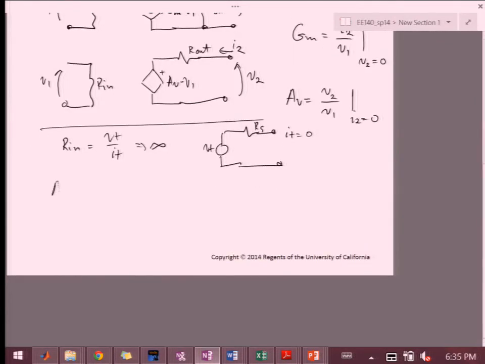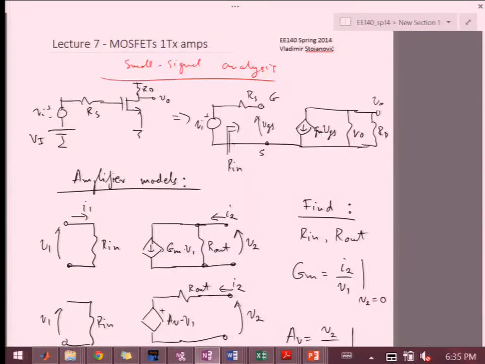So then this goes to infinity. Well, let's look at Av. That's Vo over Vi in our model over here. So what is that? What is VGS in terms of Vi if there's no current flowing?